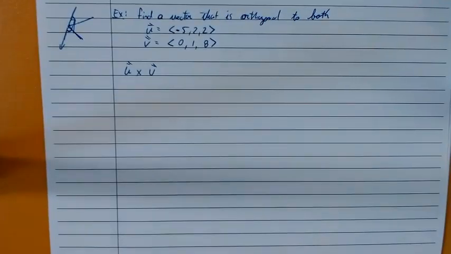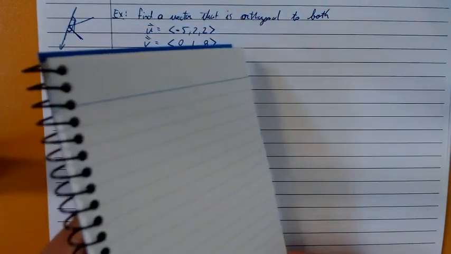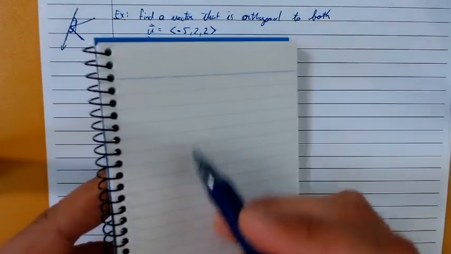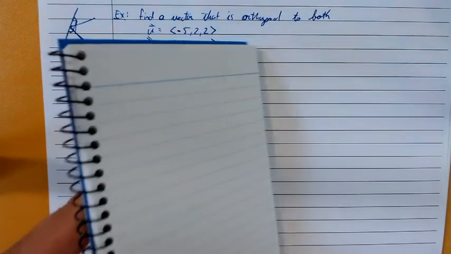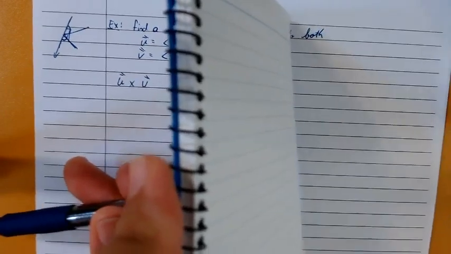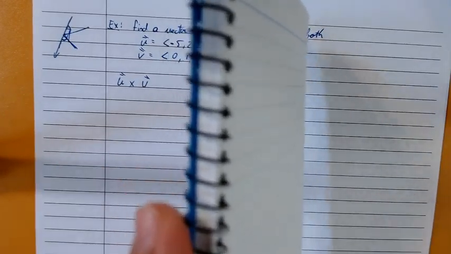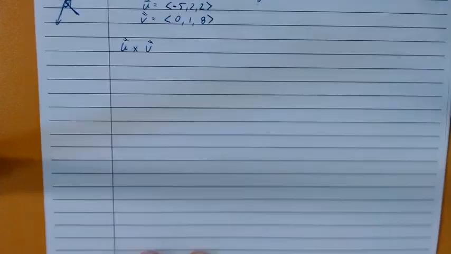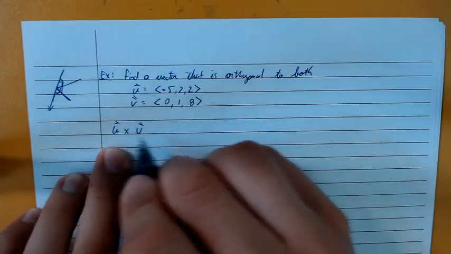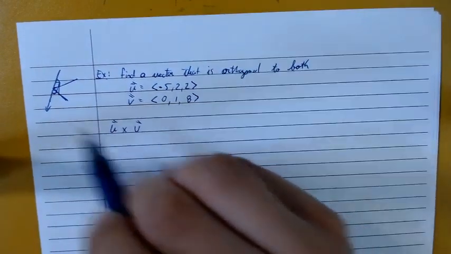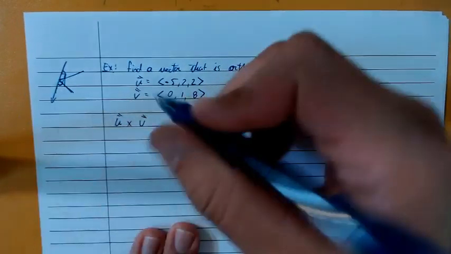We can think of it as a solid: you have this plane right here with 2 vectors on it, and I could have something that sticks out of this pad, or something that sticks out in the opposite direction. Both would be orthogonal to the vectors on this pad. So here, you can do either u cross v or v cross u, and they'll both give you a vector that's orthogonal to both.